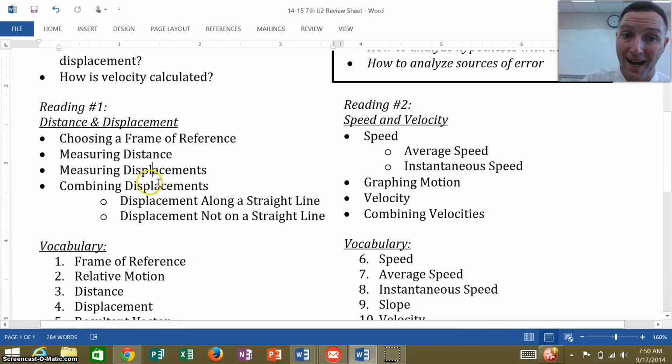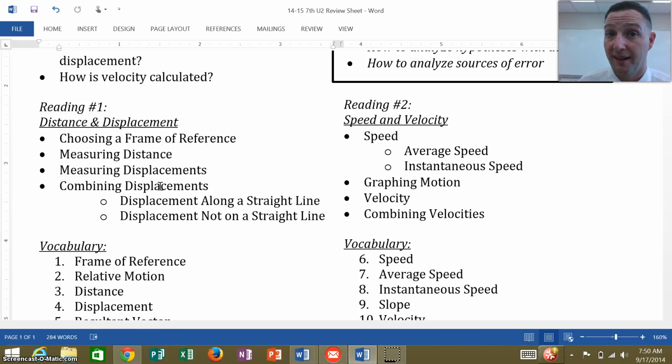Now, we can combine displacements. If, say, I'm going 3 meters east, and then I go another meter east, how far have I been displaced? 4 meters to the east. I add up my displacements because they're vector quantities. I can also say I go 3 meters east and then 1 meter west.